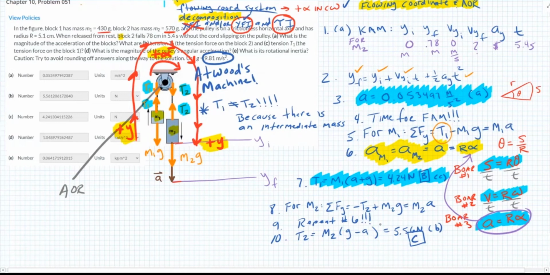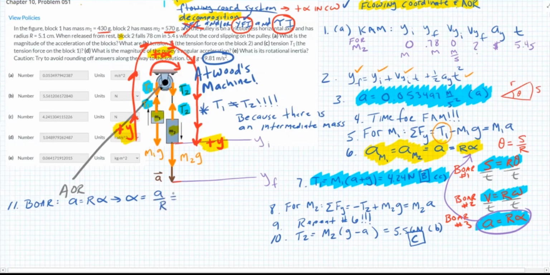Great problem, just basic kinematics, basic force analysis method up to this point. And then here's some new ground we're breaking into. What's the magnitude of the pulley's angular acceleration? Step 11. Once again, birth of a radian has shown that A equals arc radius times angular acceleration, which means angular acceleration can be expressed as linear acceleration divided by r.